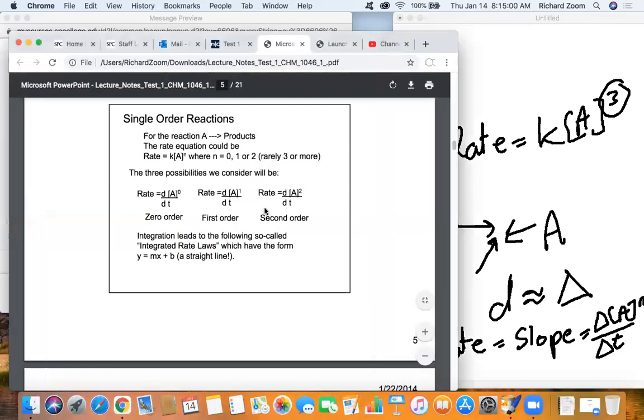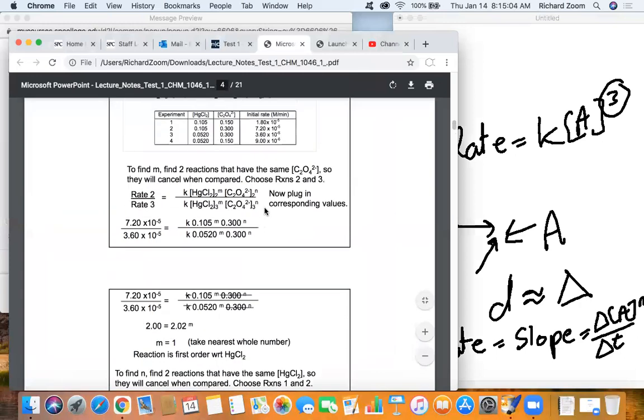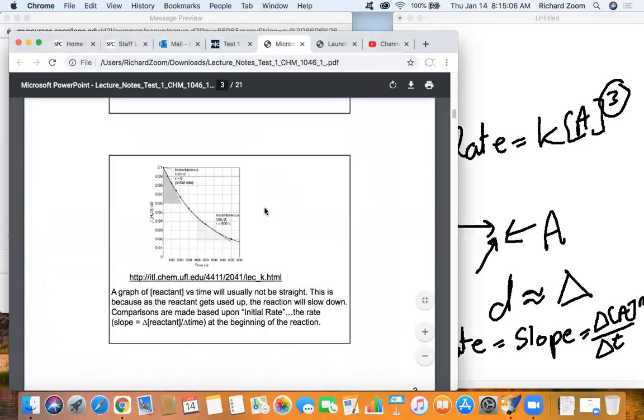Let me show you, if you remember. I was talking about the concentration of A being on one axis and the time being on the other axis. So that's the y-axis and the x-axis. And we were talking about the initial rates and getting the slopes that way.